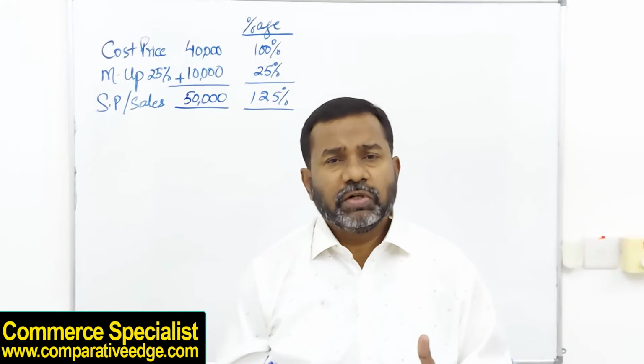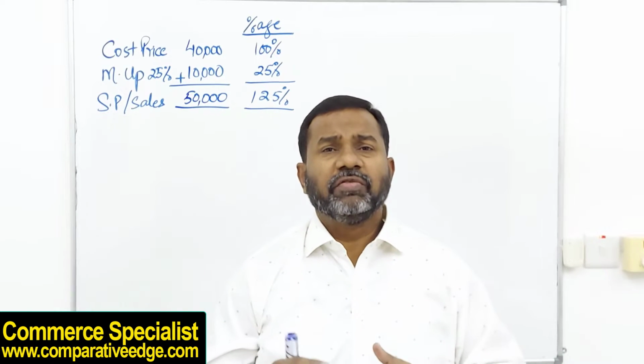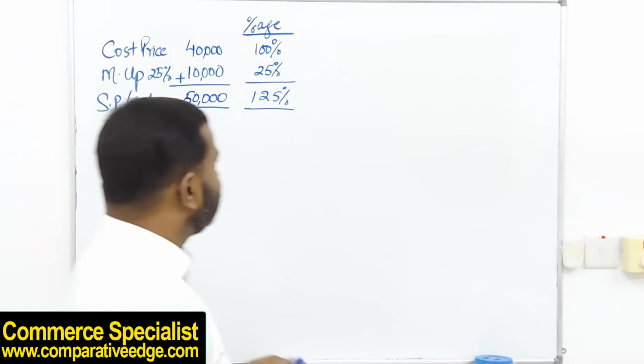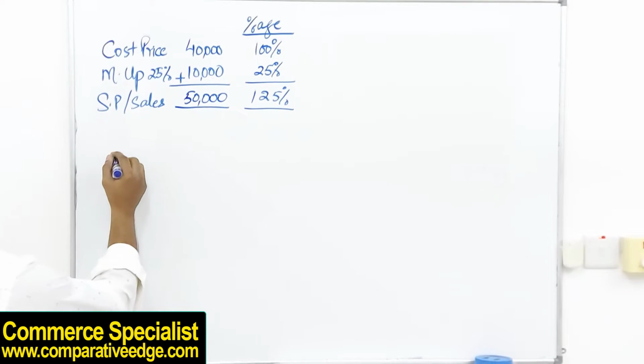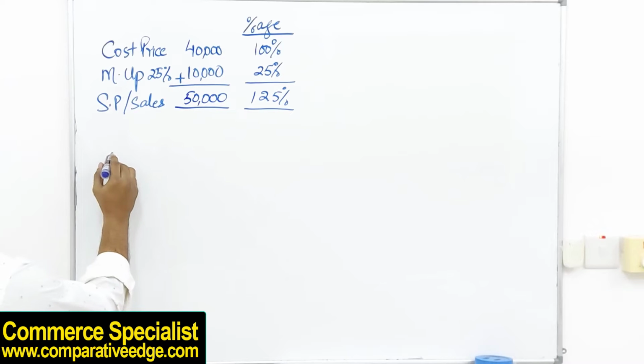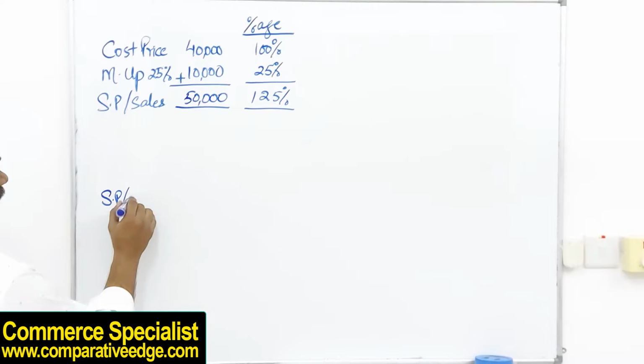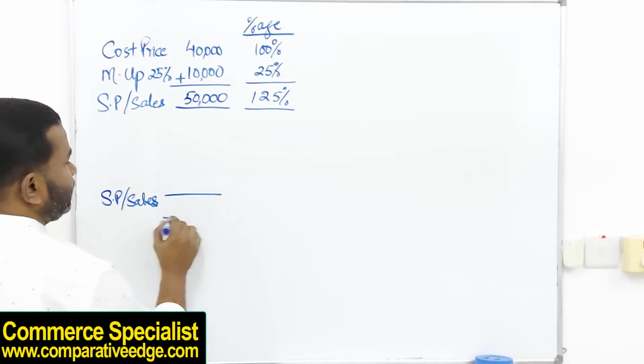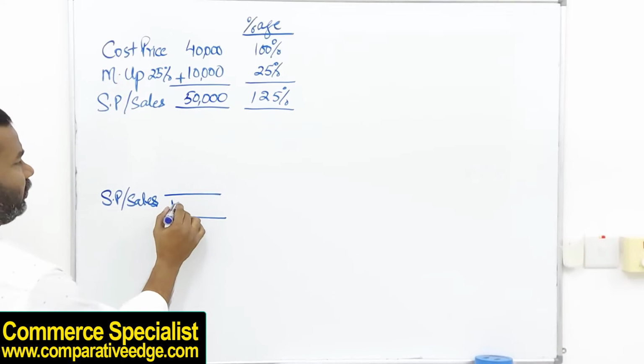Now if you talk about margin, margin is also gross profit, but the way it is calculated is different. Have a look at this, guys. Let's say I have selling price, or in other words, sales. Assuming it to be 100,000.